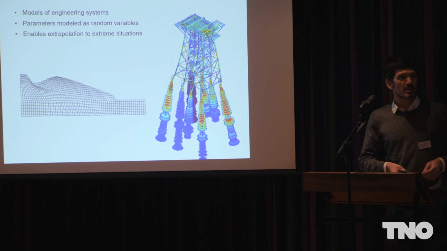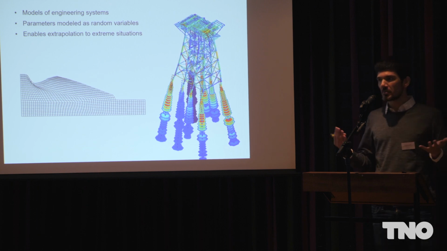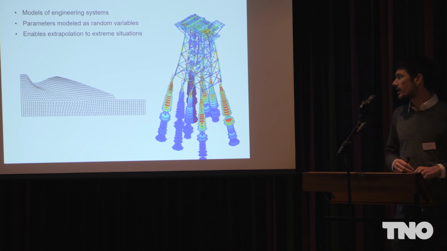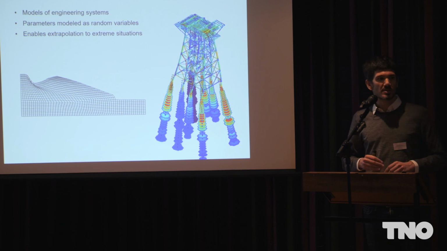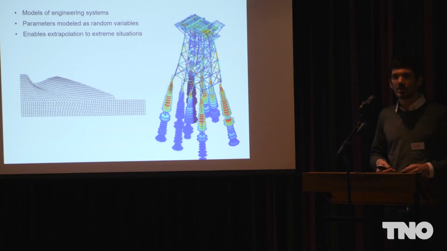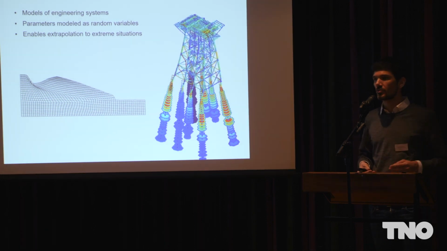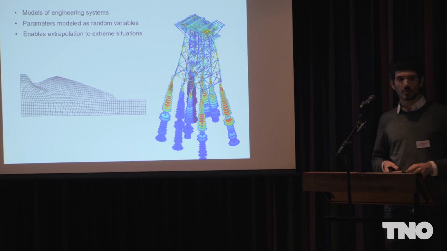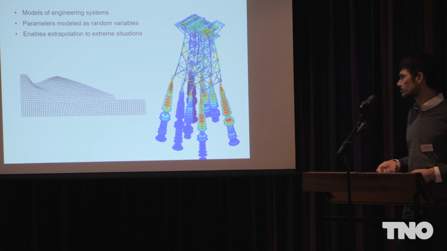And what we do is model all the input parameters, including, for example, model errors, as random variables, and then propagate them through this numerical model. Through this propagation, we can estimate the probability of failure of a system.